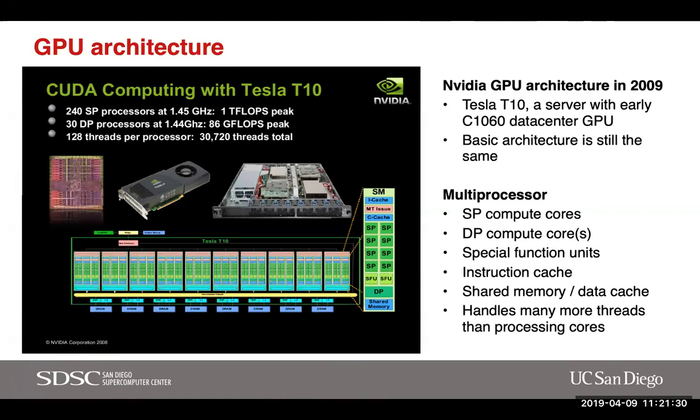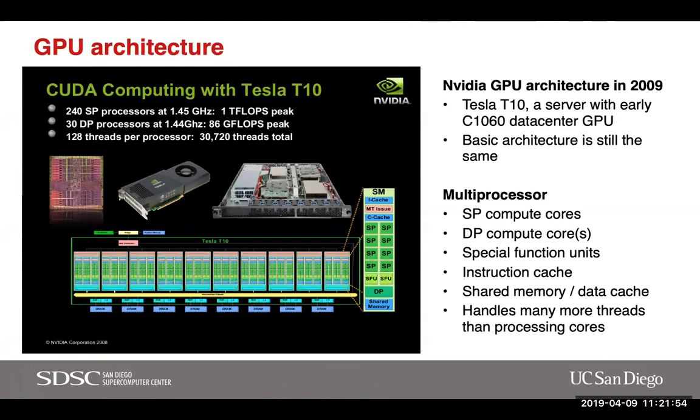Then there are special function units for special math operations that you might want to do. So not all the operations execute with the same performance, of course. There's an instruction cache, and then there's a shared memory data cache that's shared across the processing units on these individual multiprocessors, but not across multiprocessors.